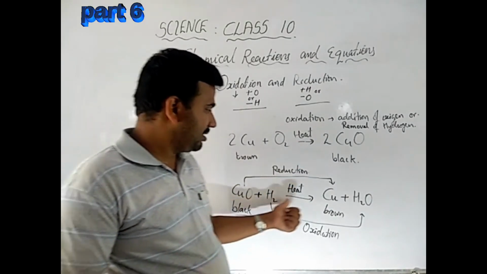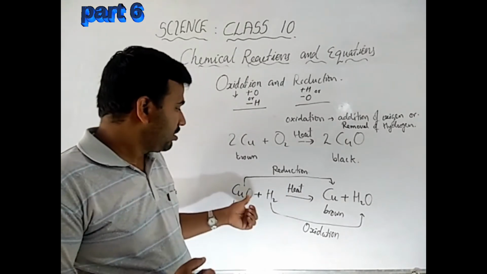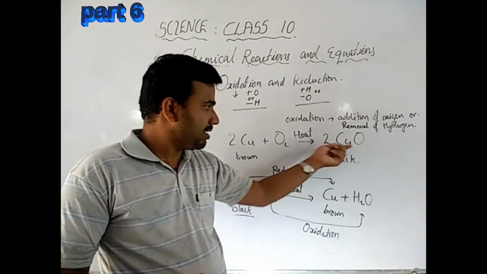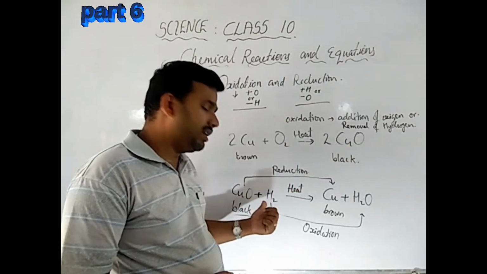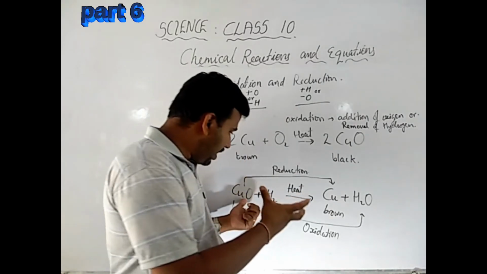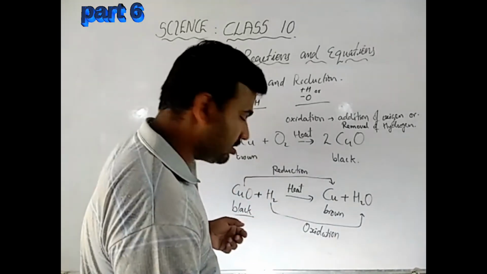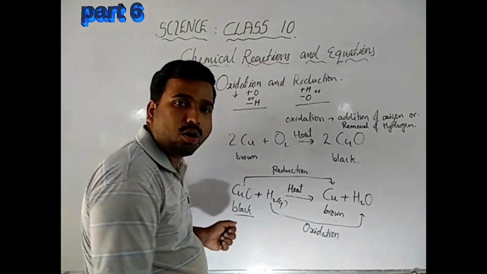Now look at this particular reaction, a reduction reaction. Taking the same compound formed as the black mass, copper oxide, we are passing hydrogen gas over this heated copper oxide.